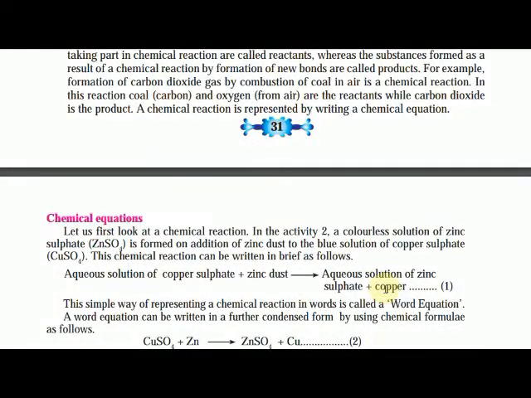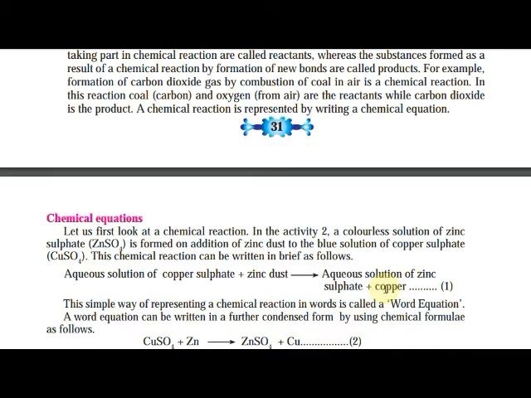Chemical equation. Let us first look at a chemical reaction. In activity 2, a colorless solution of zinc sulfate is formed on addition of zinc dust to the blue solution of copper sulfate. Copper sulfate, CuSO4. Zinc sulfate, ZnSO4.